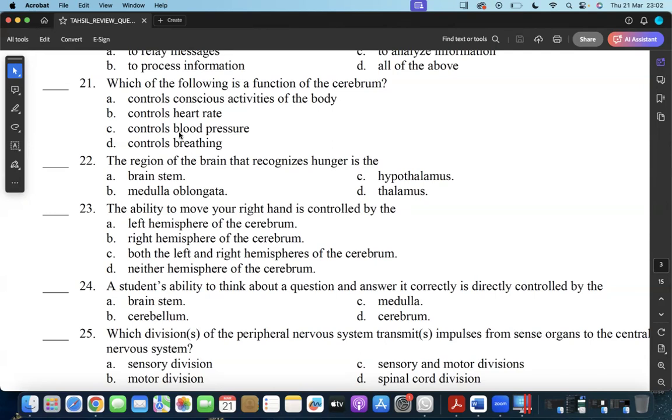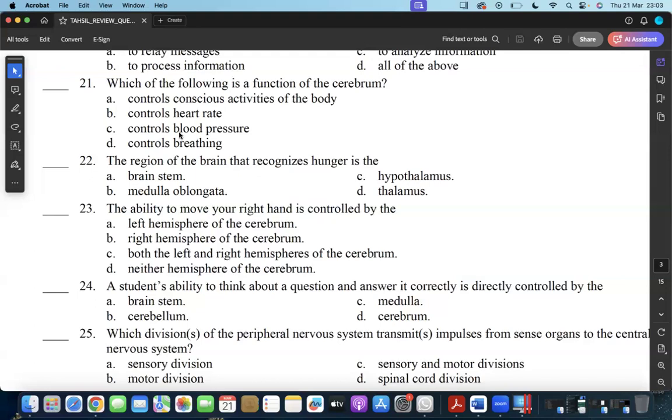Question number 22 says, the region of the brain that recognizes hunger, that makes you feel when you're hungry, that makes you know that you're hungry. Which part of the brain does this? There is a part of the brain called the hypothalamus, which is the sensitive part of the brain and does more work with the endocrine system, the feedback system we were talking about all the time.